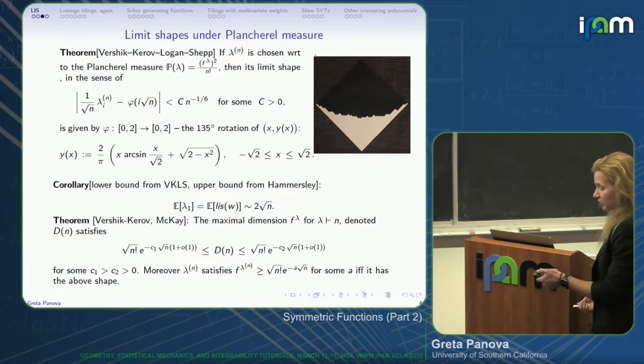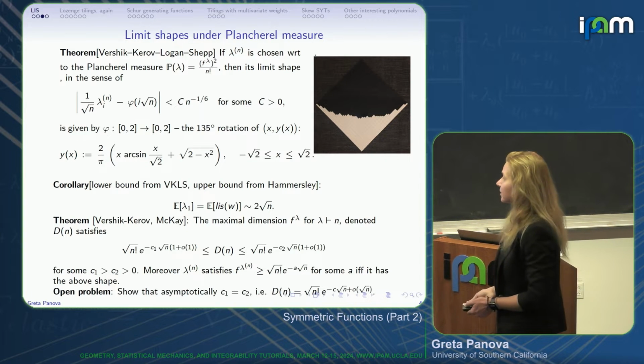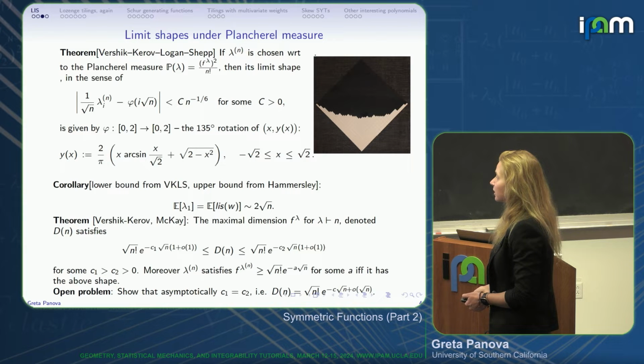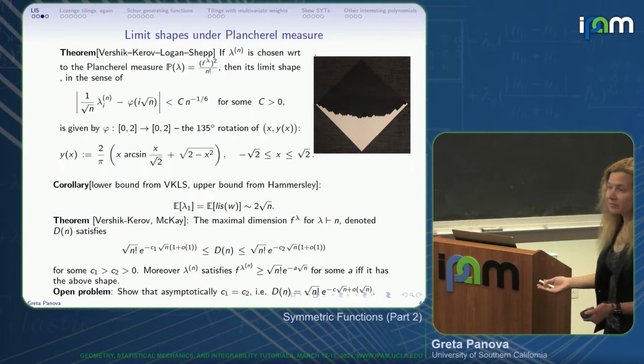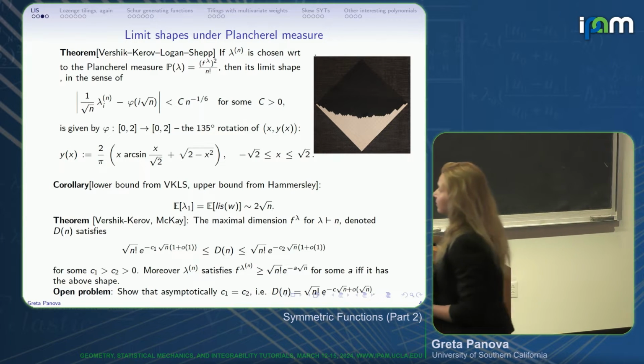And so what's the open problem here? The open problem is to show that if we do the precise asymptotics of this maximal dimension, it is going to be square root of n factorial e to the minus c square root of n plus lower order terms. So that basically asymptotically this c1 and c2 are the same. Still an open problem. Why?